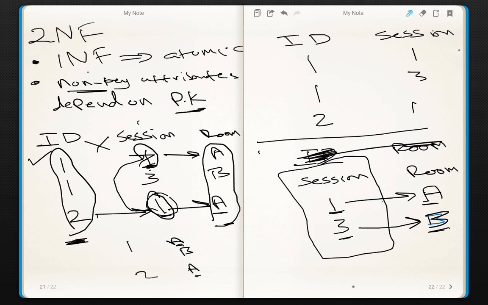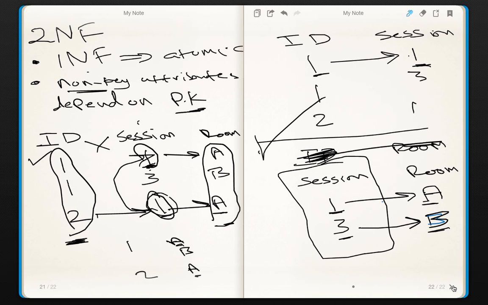And in the first table, session is not the key. The ID is the primary key, and session depends on the ID. So we have converted our table into second normal form, right?